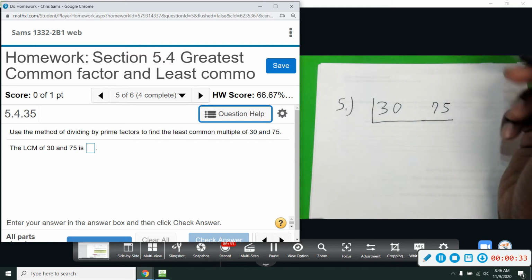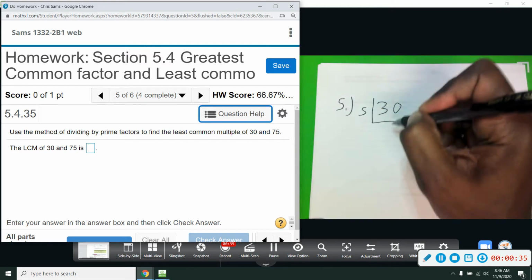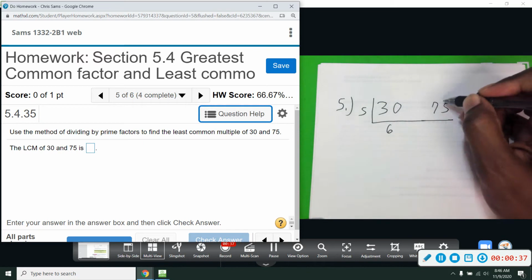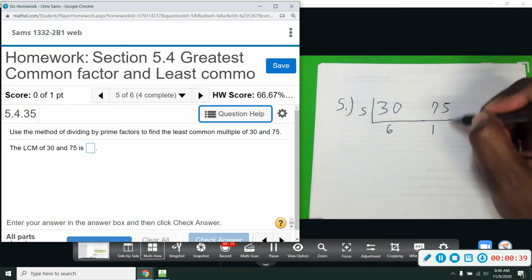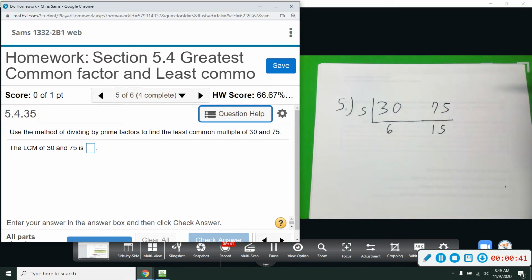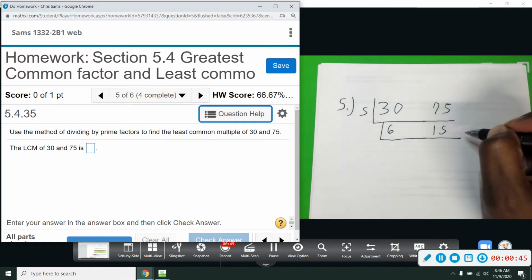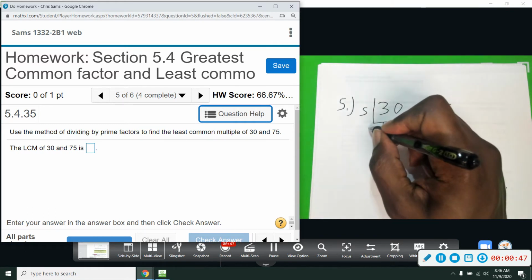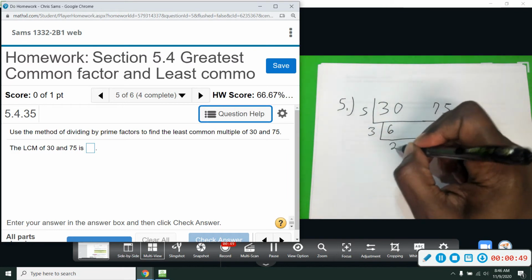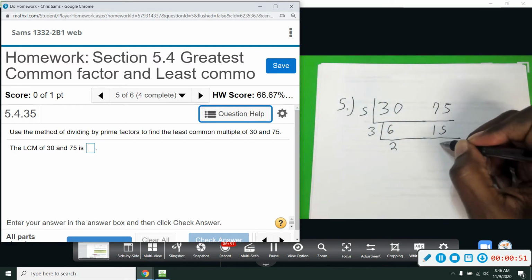They both can be divided by 5, let's say. So divide by 5, we get 6. Divide by 5, we get 15. Then we divide them again, and we can divide them by 3. And that will leave us with 2 and 5.